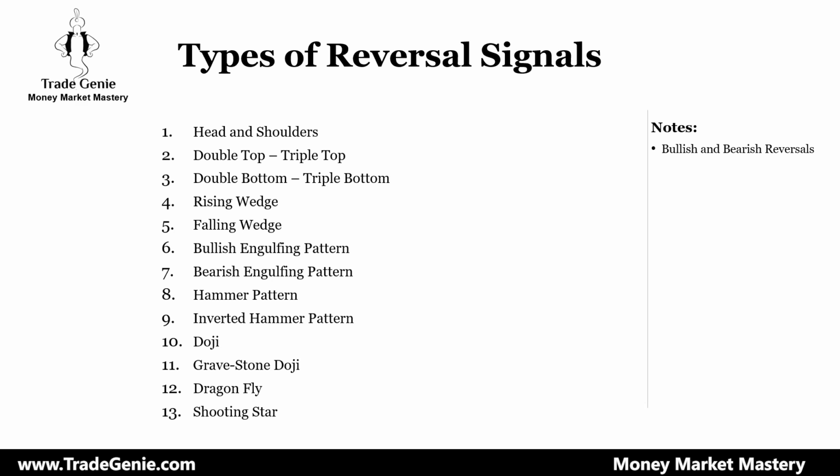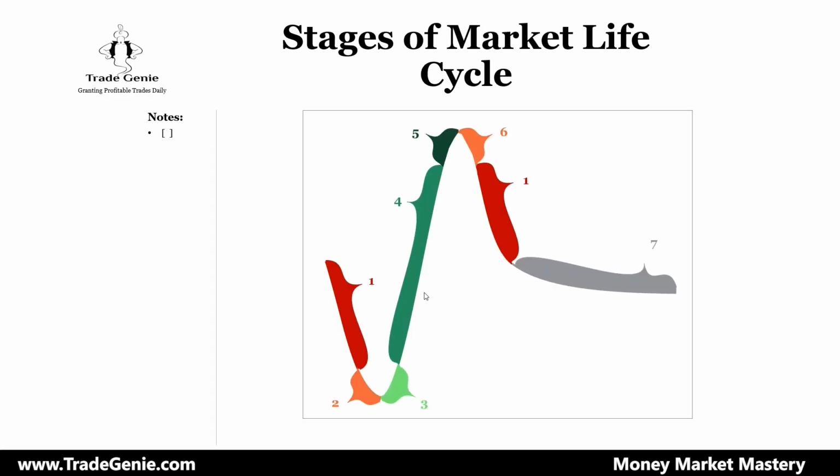So these patterns are appearing, and you have to do this analysis of where it's appearing. If the doji is appearing when the stock is at stage 4, then it's meaningless.